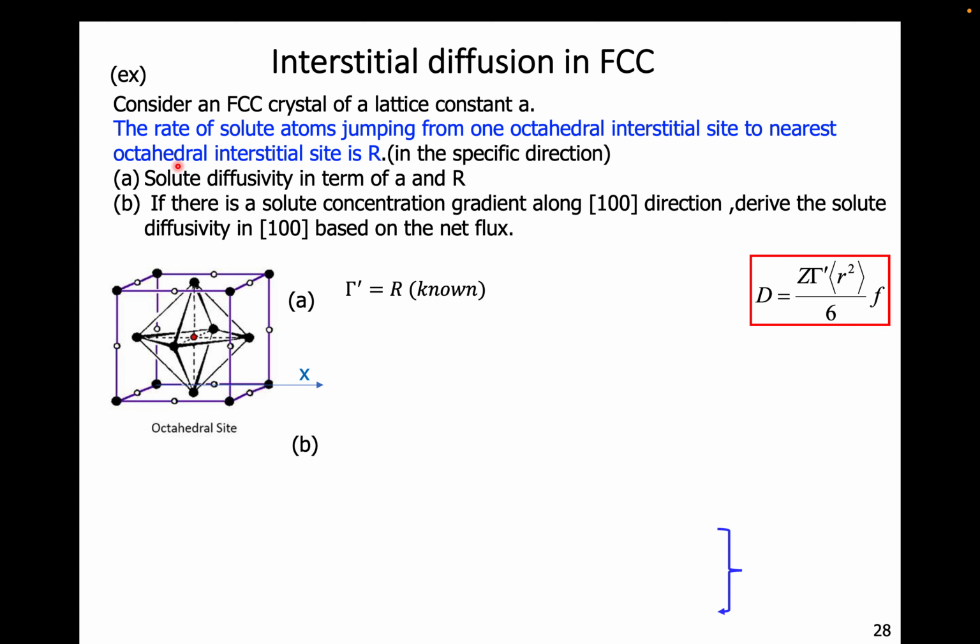And question A asks you: could you formulate the solute diffusivity, D I, in terms of A and capital R? Capital R is gamma prime, right? So you need to determine the Z and also the small r. The nearest octahedral sites, how many? That will be the Z, right? So half, half, half, half, half, half, half, half.